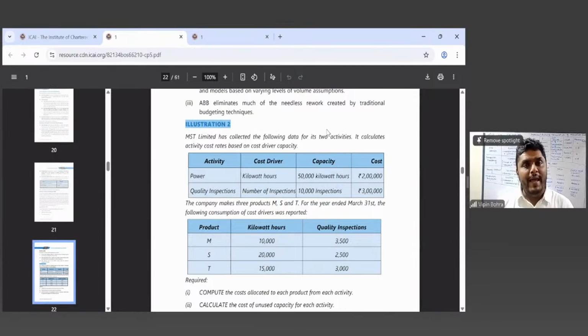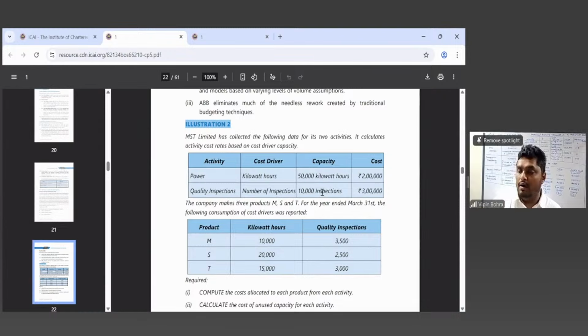The total of M plus S plus T is 45,000. However, our capacity is 50,000. Let's see, some information will be given in the question. Similarly, for quality inspection also, the total should be 10,000. But let's check. 3 plus 2, 5, 1, 6, 6 plus 3, 9. So again, the total of M, S, and T is 9,000.